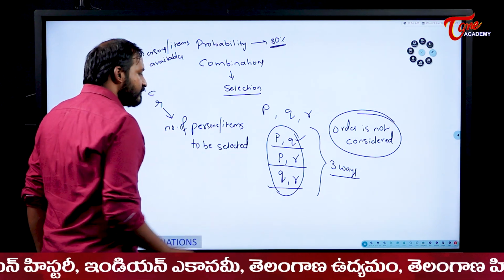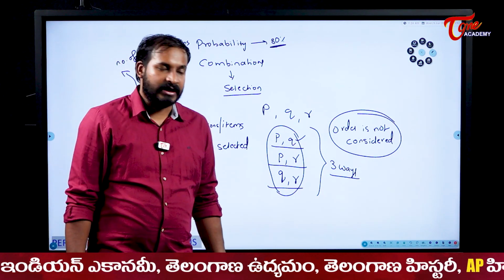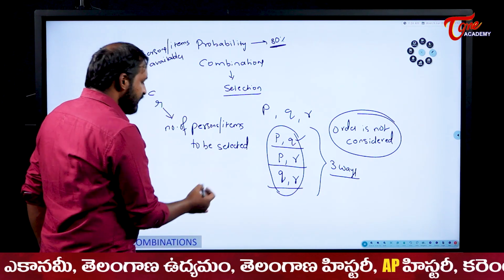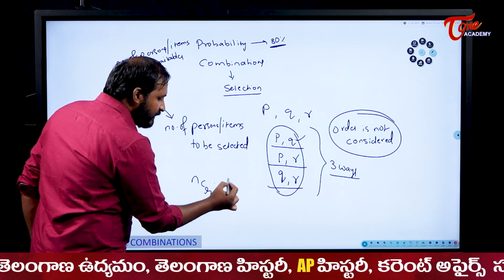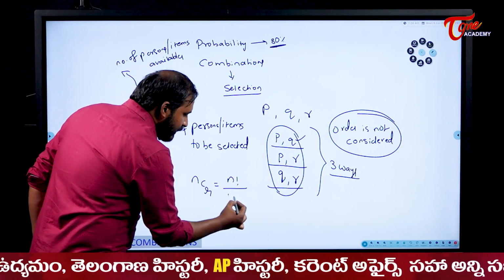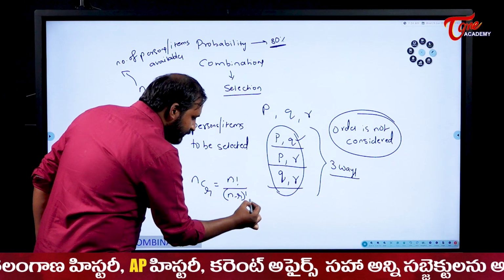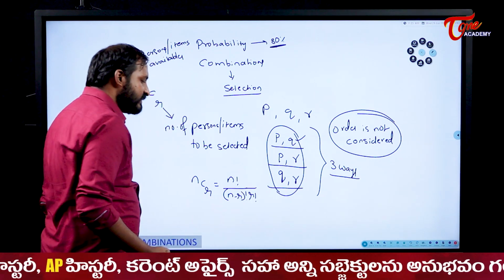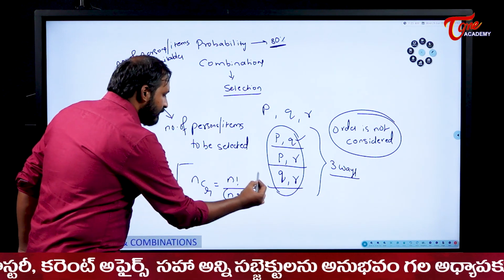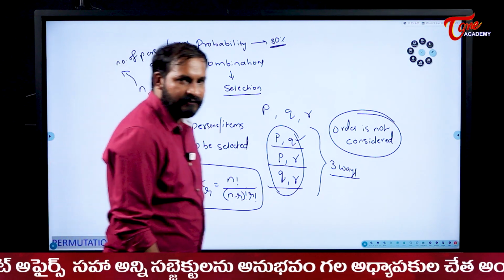Now what is the formula of this nCr? nCr means n factorial divided by (n minus r) factorial into r factorial.